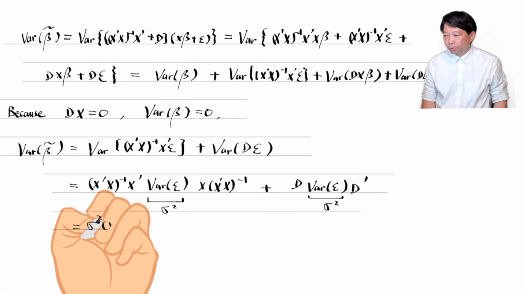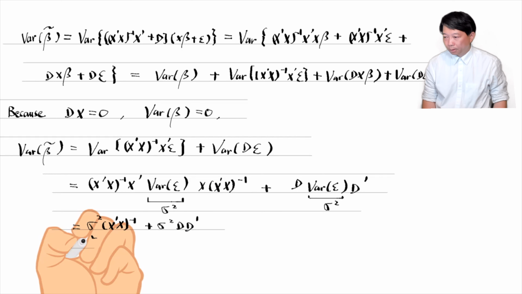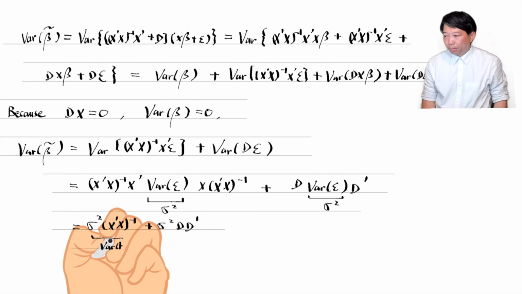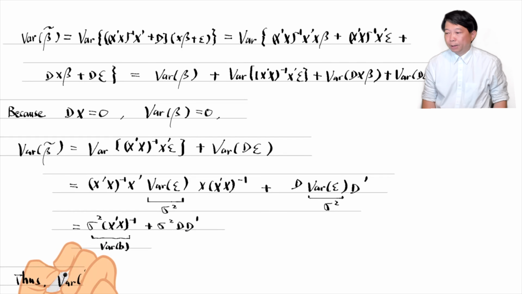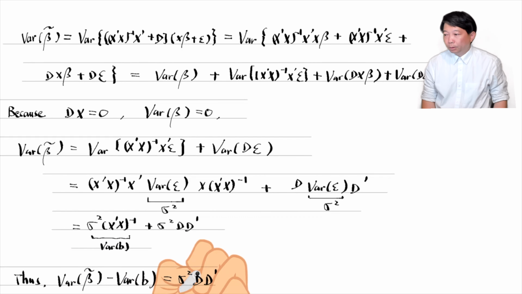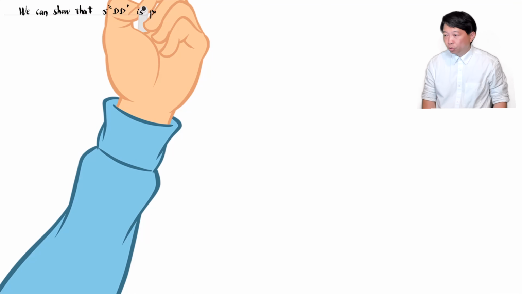The first term is the variance of the least squares estimator b. The second term is sigma squared times d d prime. The difference between the variances of beta tilde and b is sigma squared times d d prime. We can show that it is positive definite by the definition.